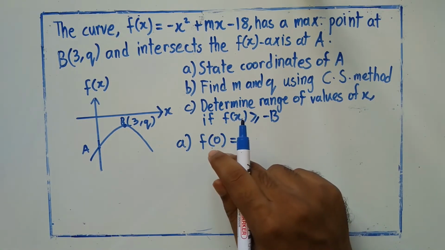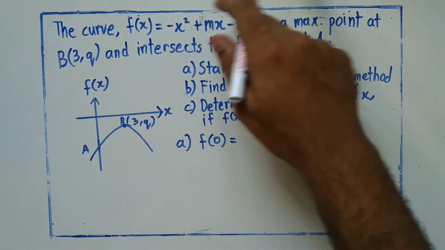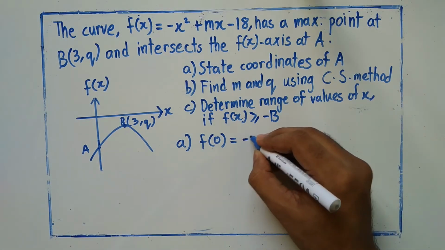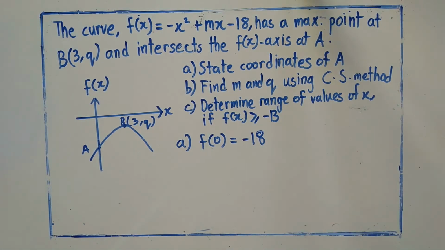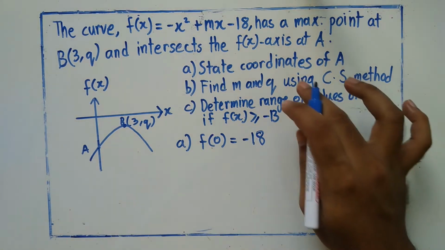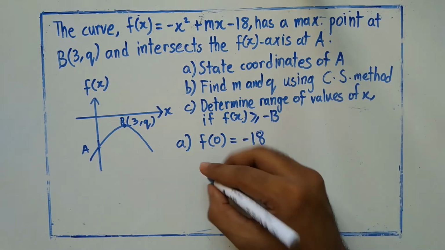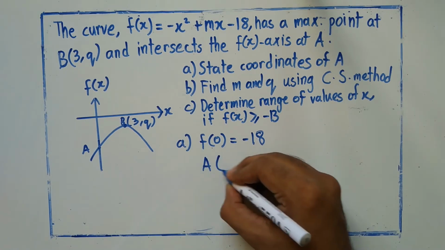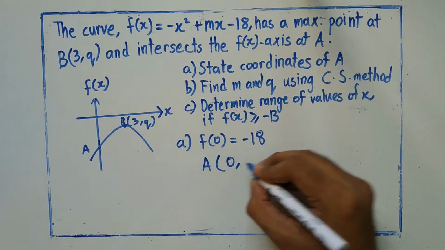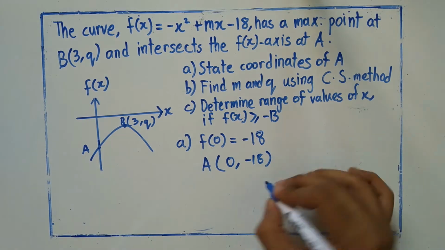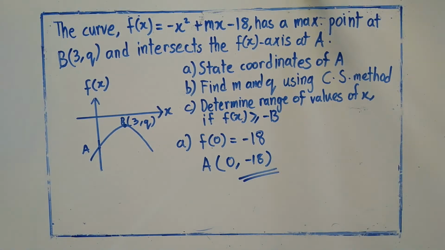When you substitute 0 into the equation, you will have minus 18. But wait, we haven't solved the question yet. We had to get the coordinates of A. Therefore, the coordinates of A will be simply 0 and negative 18. There, this part of the question is a piece of cake.